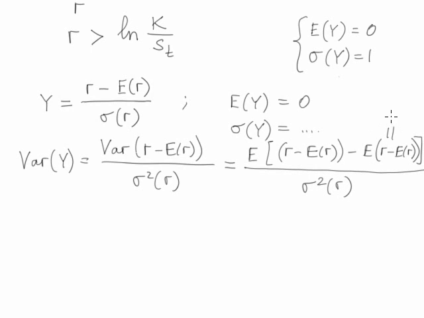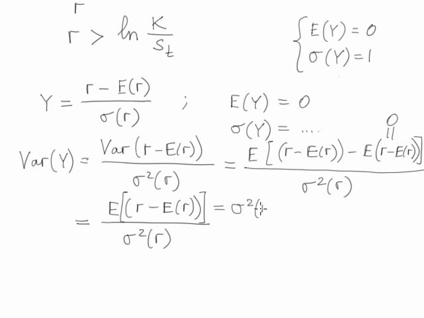This expectation value is 0. Too many brackets here. And this thing is sigma squared of R, so we arrive at 1.